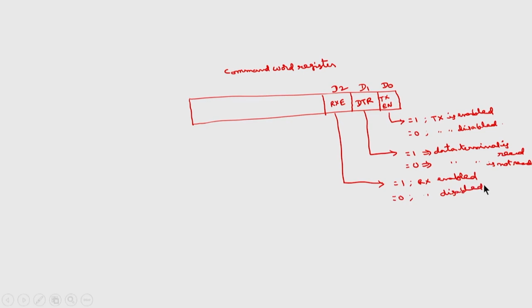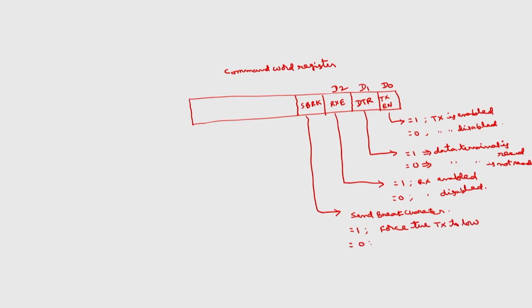This is SBRK, send break character. If this bit is 1, it means it will force the transmitter to low. If this is 0, normal operation.